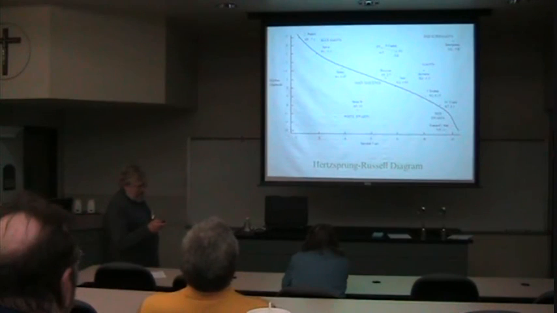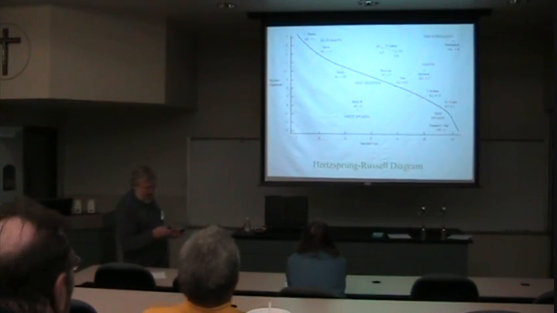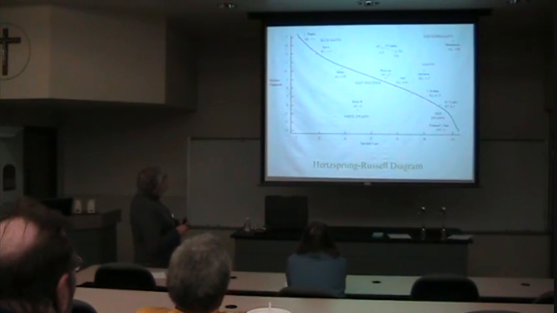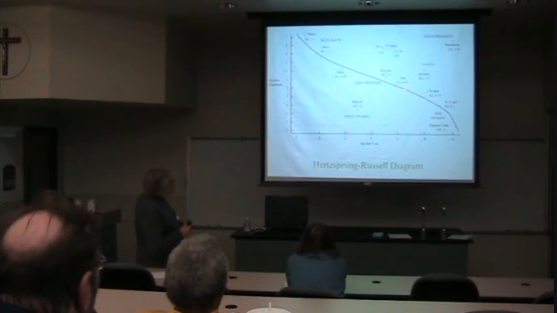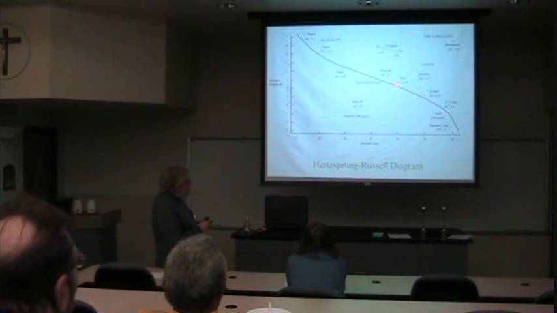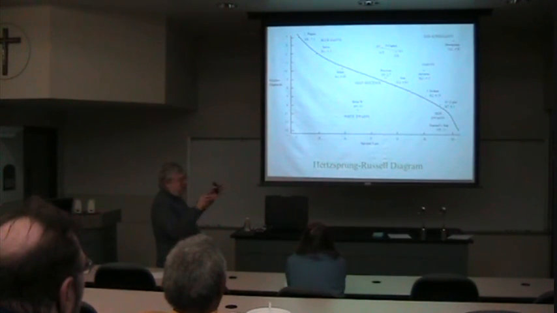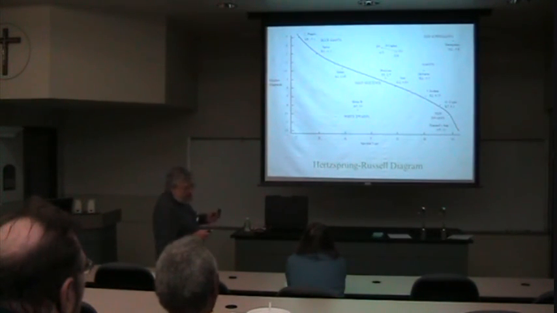Now here's another Hertzsprung-Russell diagram, and the sun's position is right about in here, and here are the red dwarfs down here, and the blue giants up here. When the sun, or any solar type star, runs out of usable hydrogen, it goes up here and becomes a red giant, and sends out a shell of gases around it like the Ring Nebula.